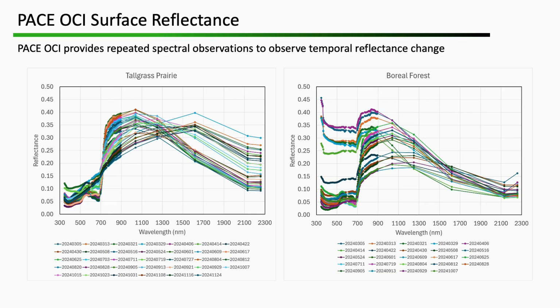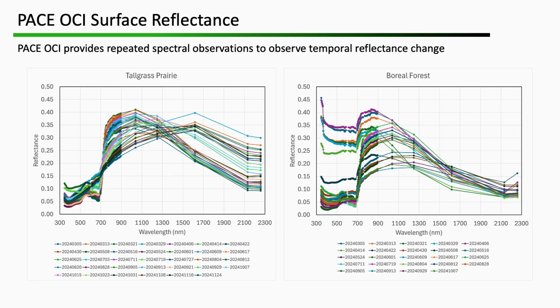There are two sites I'm doing field research in, one is a tall grass prairie in Kansas, the other is a boreal forest, and you can see how the data provide examples of, in the case of tall grass prairie, going from early in the season when there's no green vegetation to greening up and then going back into senescence in the fall. In the boreal forest, you can see the early springtime snow cover thawing out, melting, and then the system greening up.